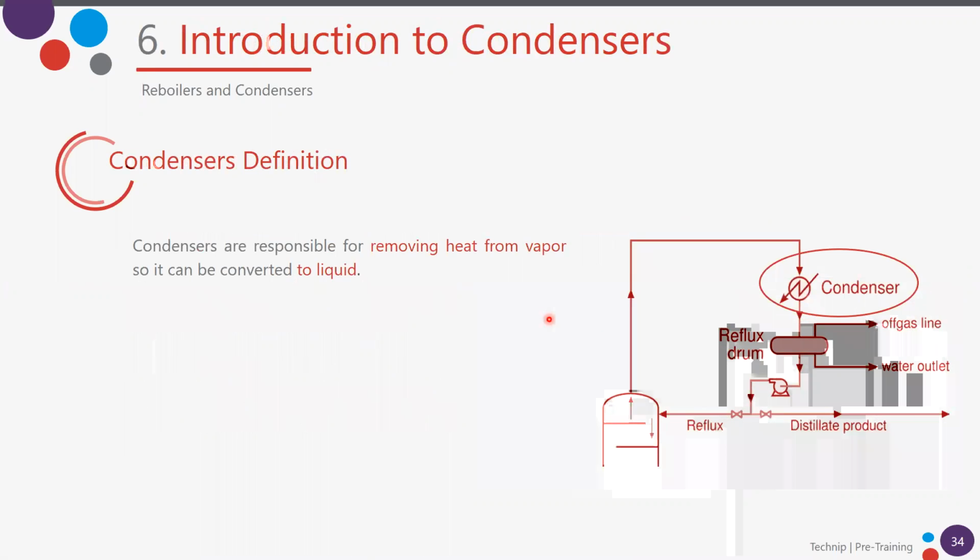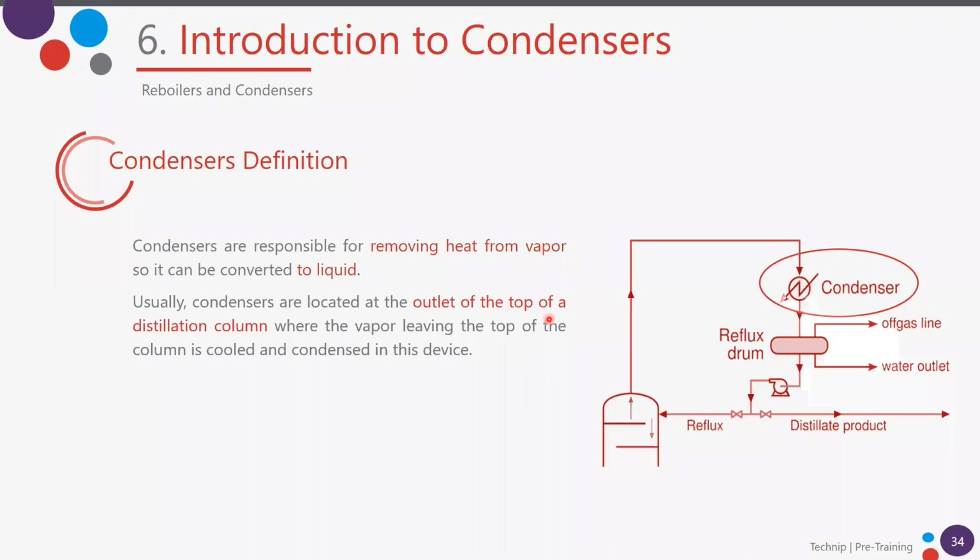So condensers are responsible for removing heat from vapor so it can be converted to liquid. Usually condensers are located at the outlet of the top of a distillation column, as you can see here in the sketch.